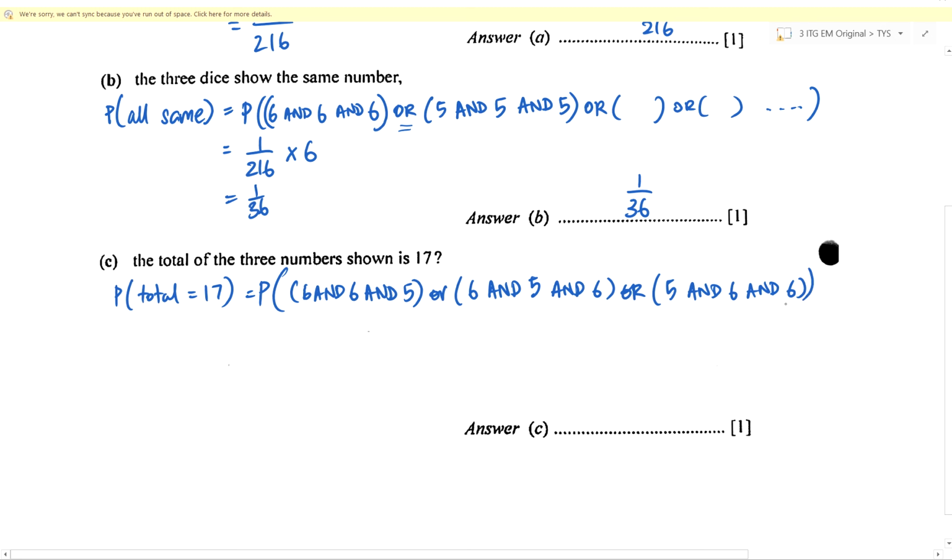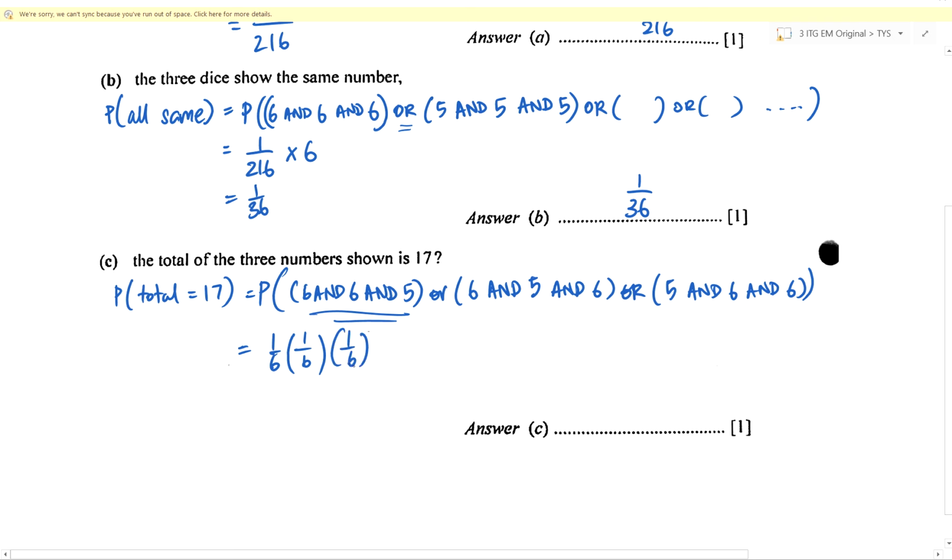Okay, so if you are able to find this probability, then you multiply by 3. So what is the probability of 6 and 6 and 5? The first die showing 6 has to be 1 over 6. The second die showing 6 again is 1 over 6. The third die showing a 5 is 1 over 6 again.